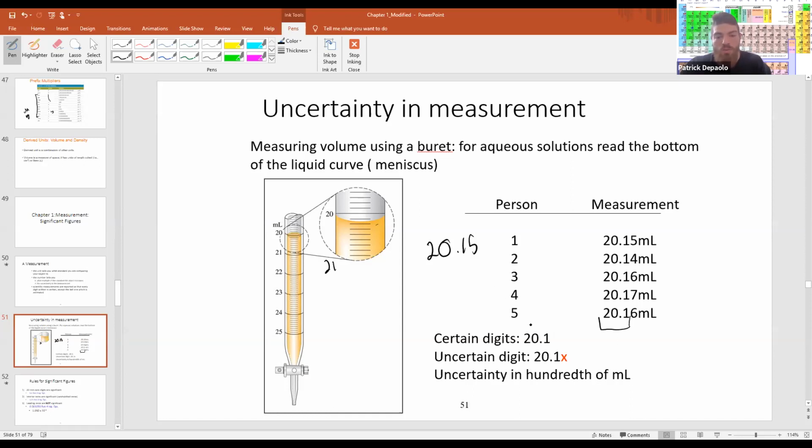Those digits you can determine from the tick marks alone. It is definitely at least 20.1. So it's 20.1 something. That uncertain digit, that 20.15, is called your estimated digit. So I'll write that.